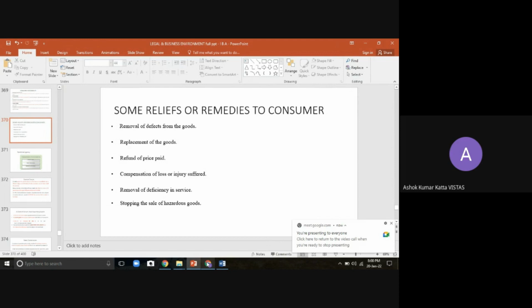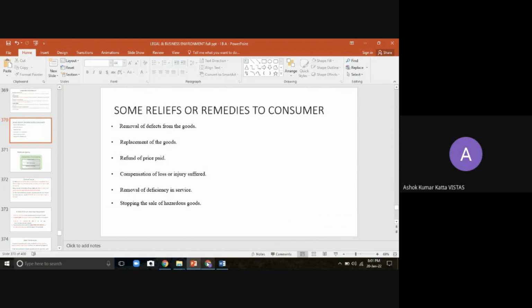It may be 15 lakhs, 20 lakhs that they will impose on the company, because the buyer suffered a lot mentally. So compensation also you need to pay. These are the kinds of benefits the consumer gets when approaching consumer forums.